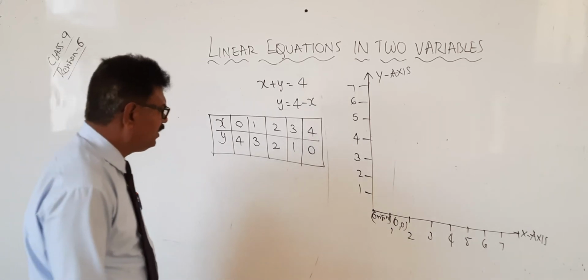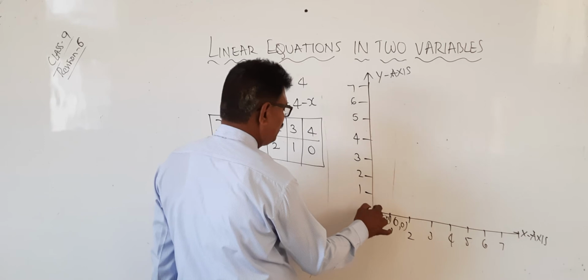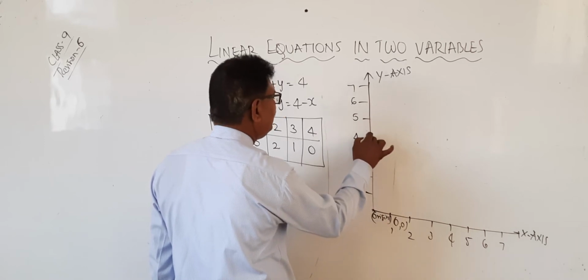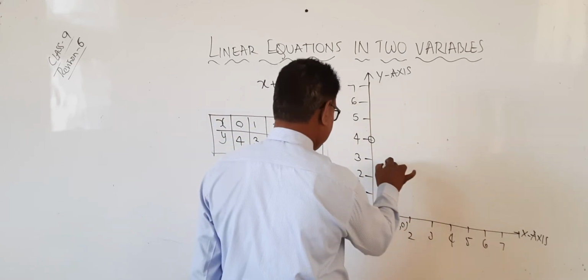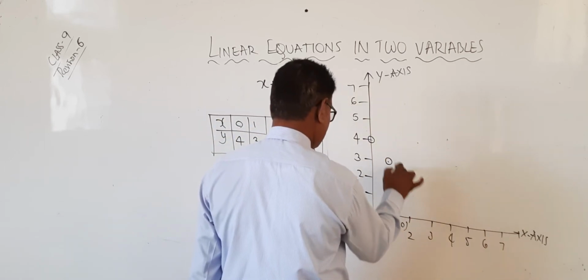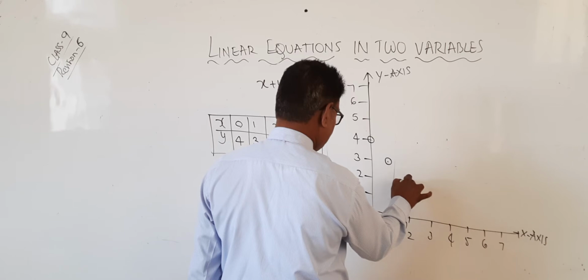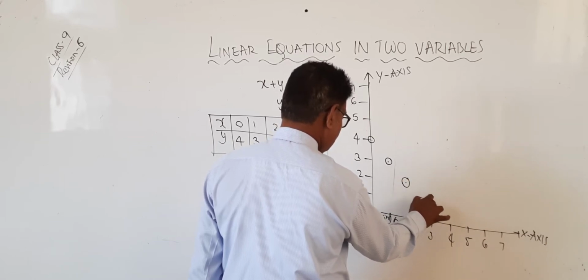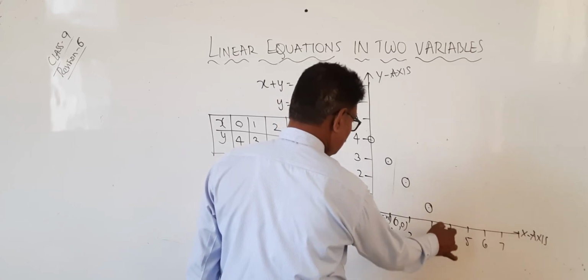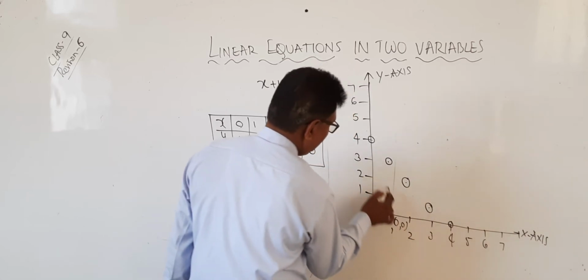Now see, first one is (0, 4). (0, 4) means it will be like this. Next (1, 3). Yes, (2, 2), (3, 1), (4, 0).